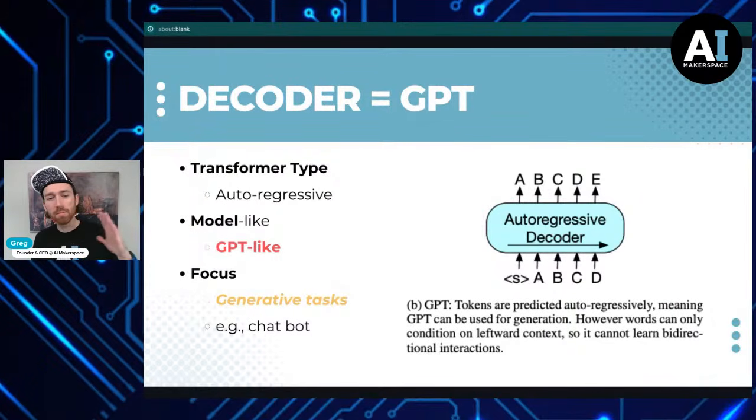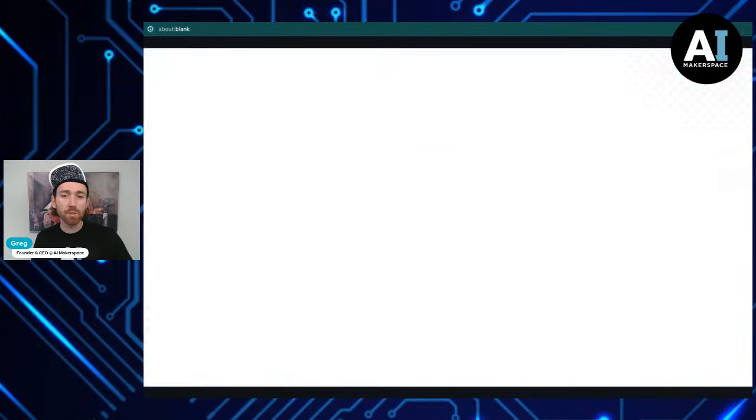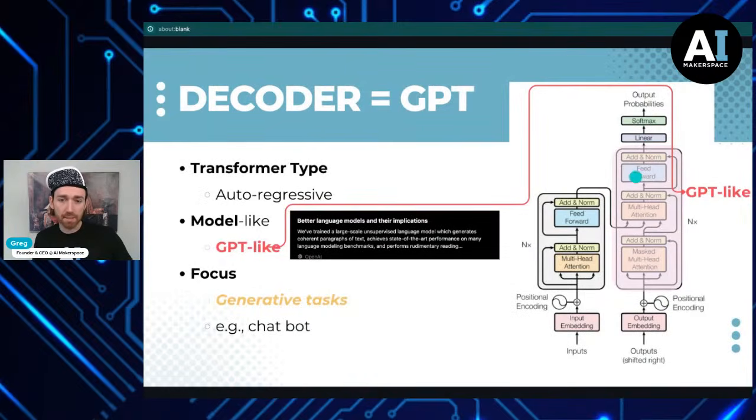Now, if we back up even just a little bit further to try to understand exactly what's going on inside of this decoder-only model, we're going to need to understand what's coming into it. So we've got our embedding, we've got our positional encoding, and it goes into attention.